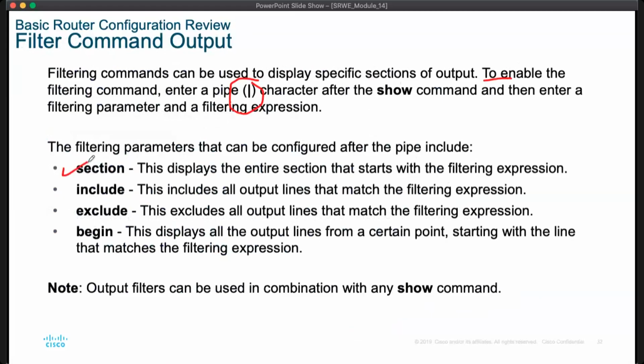Second, include, which includes all output lines that match the filtering expression. Third, exclude, which excludes all output lines that match the filtering expression. Begin, which displays all the output lines from a certain point, starting with the line that matches the filtering expression. So output filters can be used in combination with any show command.